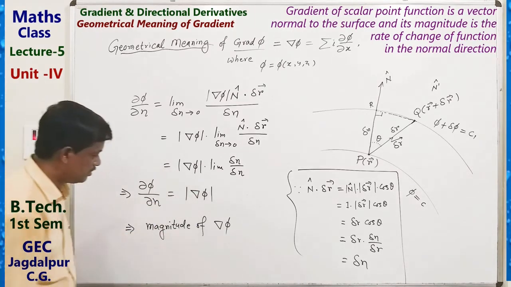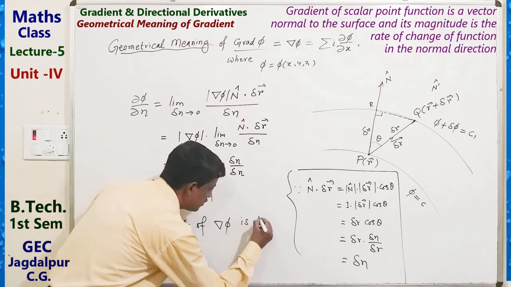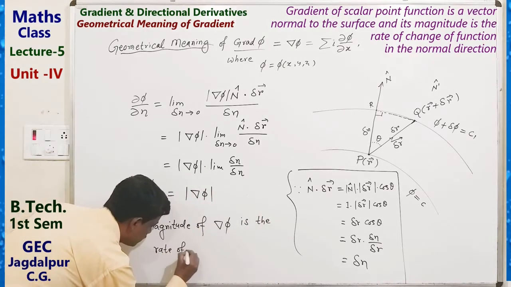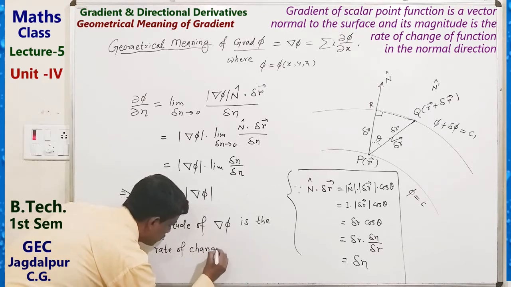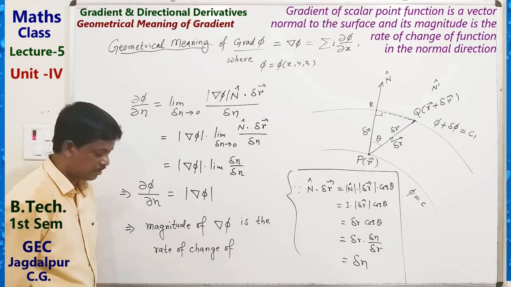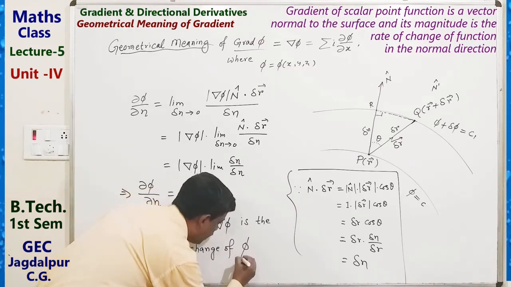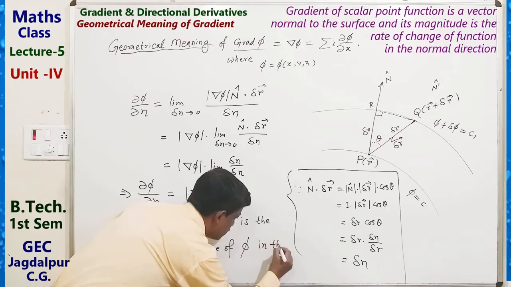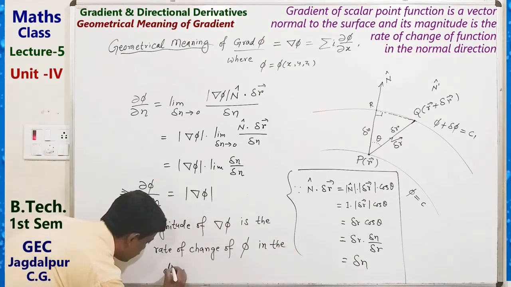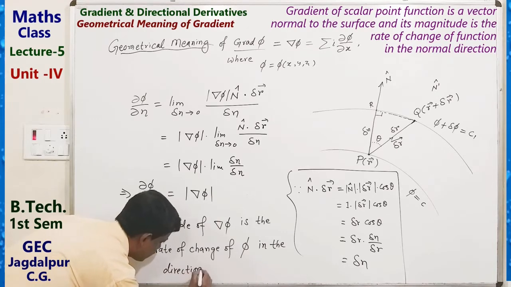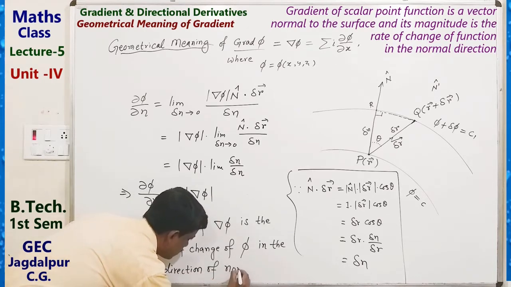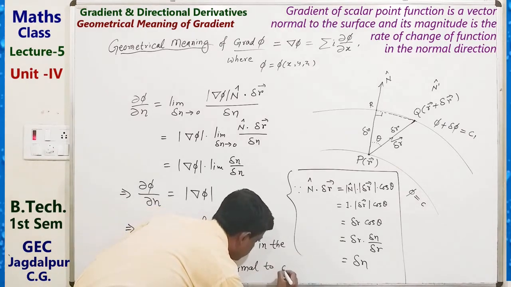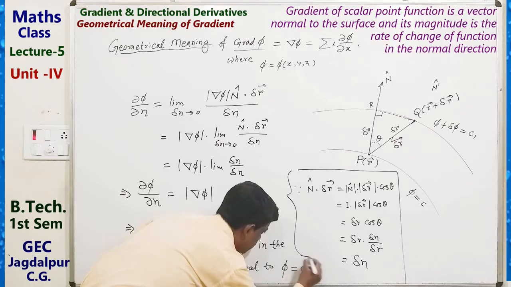Magnitude of del phi is the rate of change of phi in the direction of normal to phi equals to c.